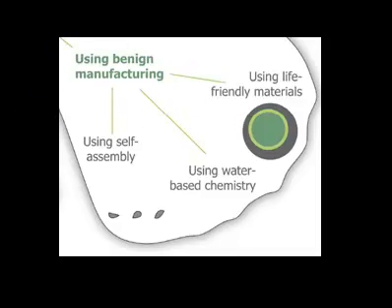That one's kind of easier to understand, and it has three different components: using self-assembly, using water-based chemistry, and using life-friendly materials. Now, imagine for a moment if all the products and processes we designed followed just two of these principles, the one about using water-based chemistry and using life-friendly materials. Now, that seems really simple, right?